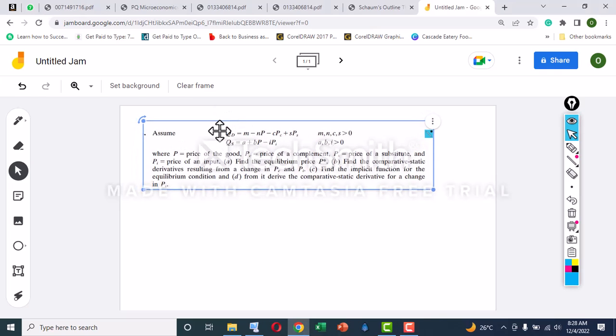Remember, when you are differentiating implicitly, you are still equating this one and this one, but you now set it to 0.